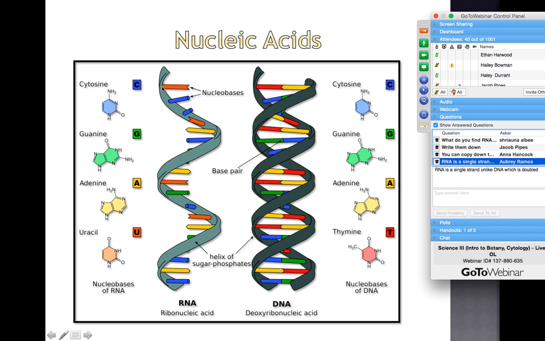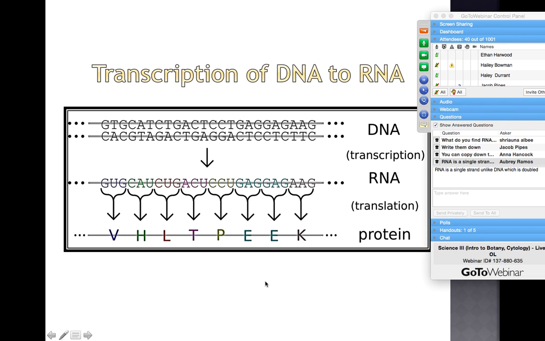Can you see that this copy of RNA has the same nucleotides as this strand of the DNA molecule? So it makes a copy, and that copy is called a transcription.